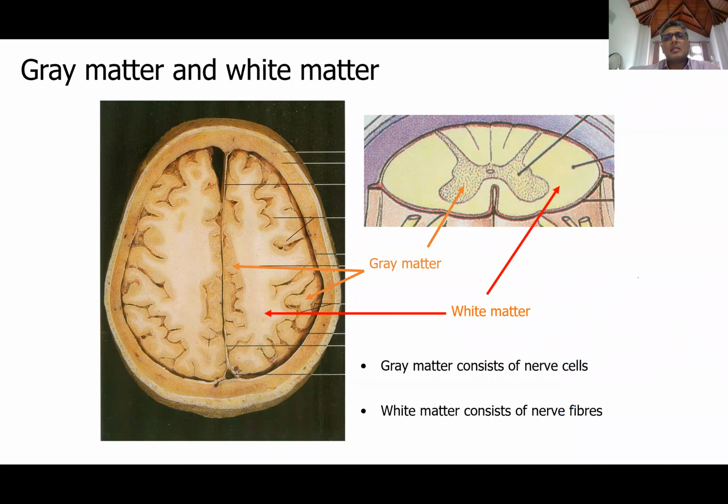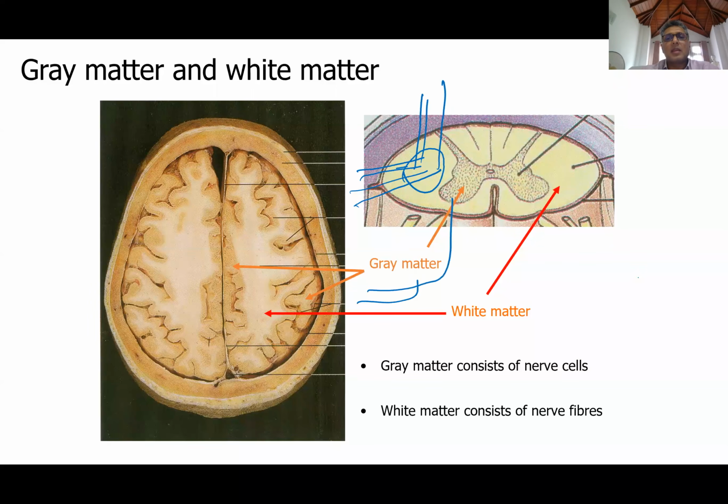So what has happened is the cells have been arranged inside, and the fibers, say if you have a nerve tract like this, fibers coming from the lower limb and the foot, they will go to the deepest part if they don't cross to the opposite side and go up. Then the fibers entering from the trunk and the upper limbs enter like that and go up without even crossing each other.